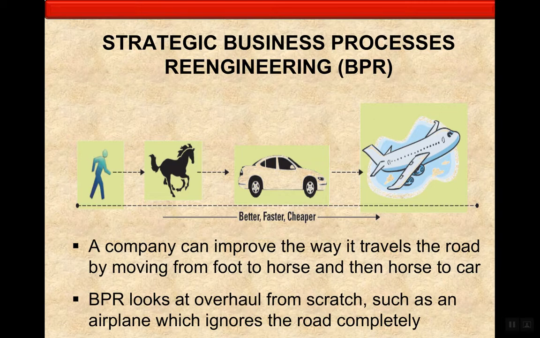A little bit more around that: you can improve the way you travel the road by moving from foot to horse to car to plane, doing things faster, better, cheaper. Overhaul is different. BPR is go back to ground zero. Don't incrementally change it, but actually rebuild things the way they should be. All right.